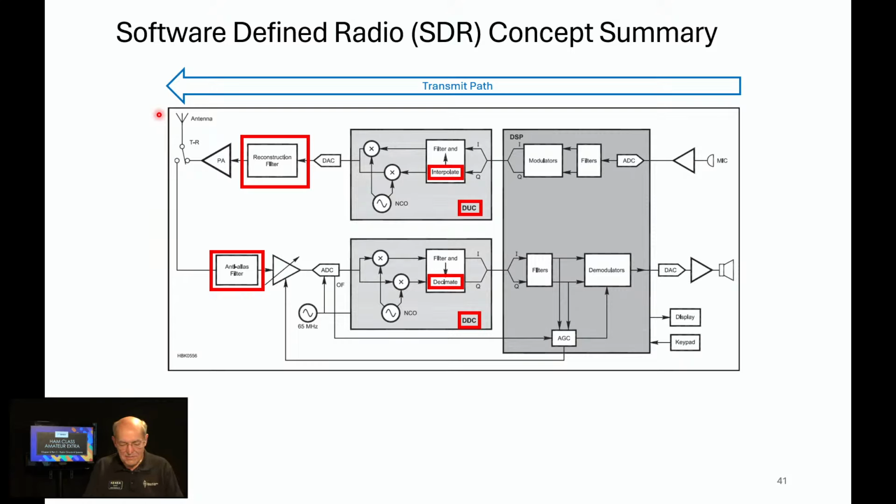So that's a super fast description of what's happening. The I and Q signals, by the way, are called the in-phase signal and the quadrature signal. We haven't discussed that yet, that's coming, but they're basically signals that are 90 degrees out of phase with each other, which enables all of this magic to work.